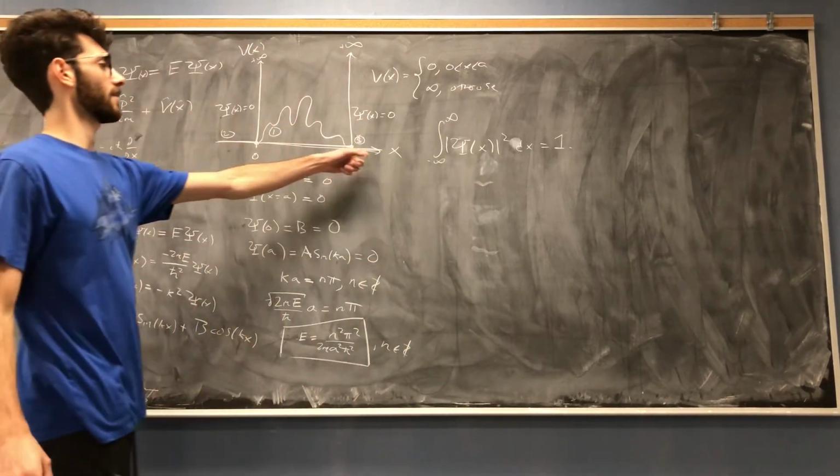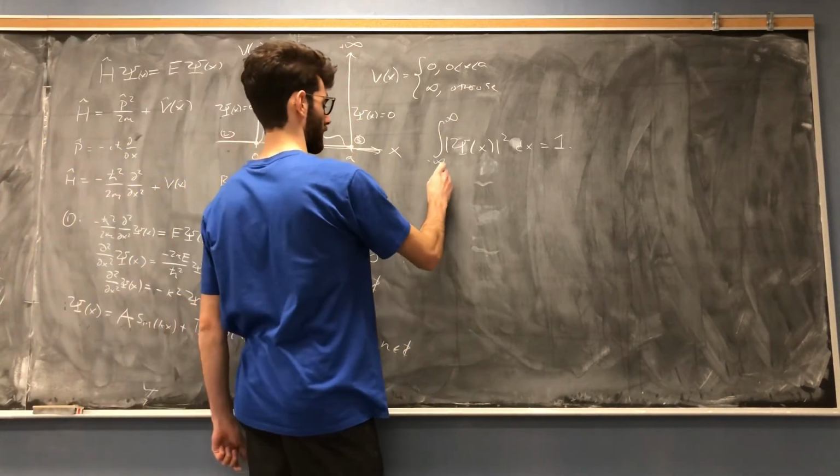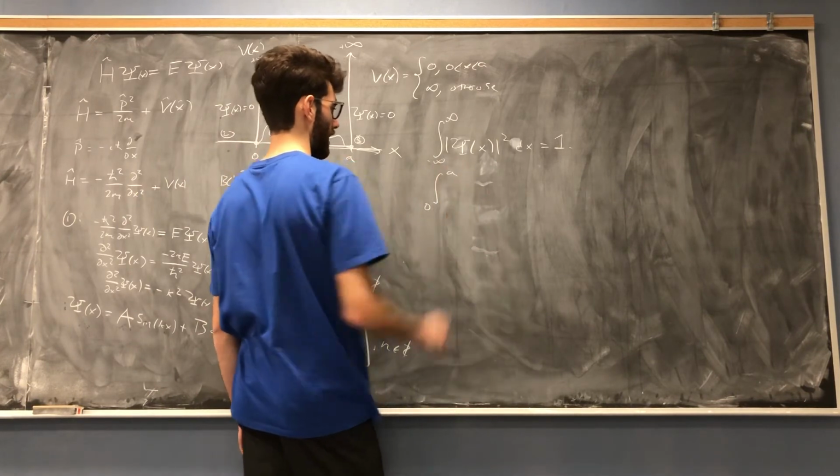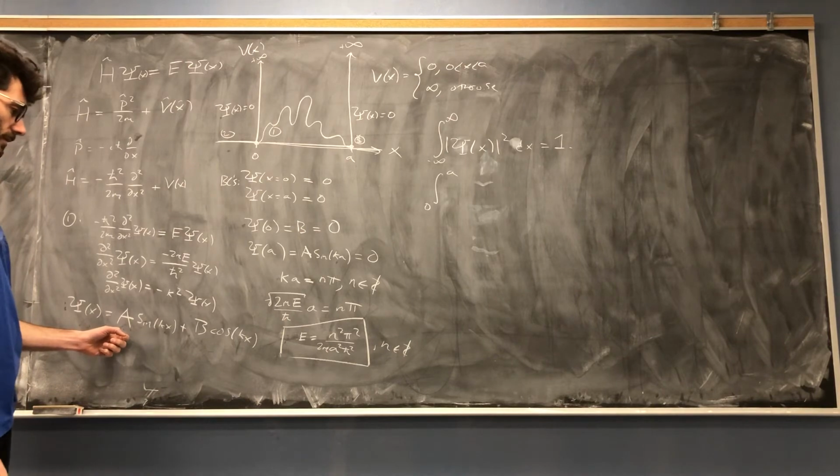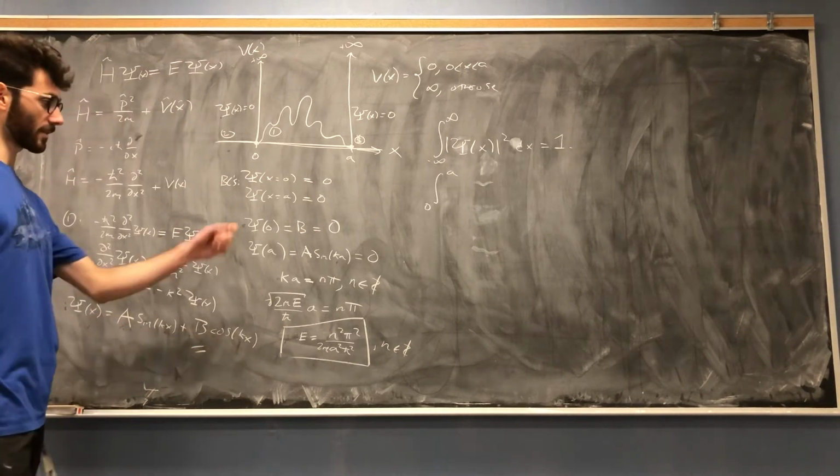The wave function is 0 elsewhere, so we can just focus on the region between 0 and a, where we know what the wave function looks like. Remember, b we found to be 0 already.